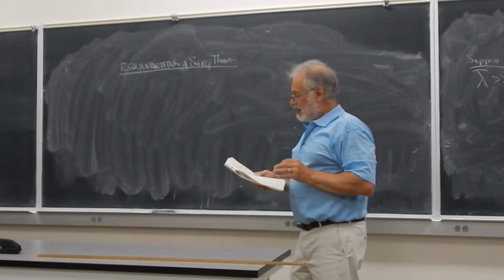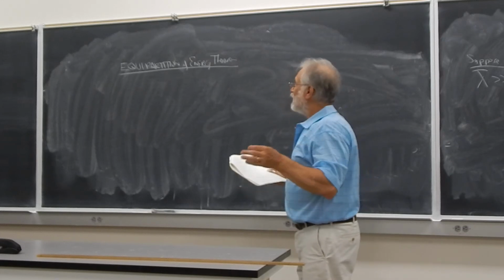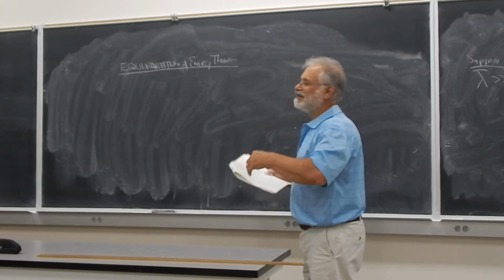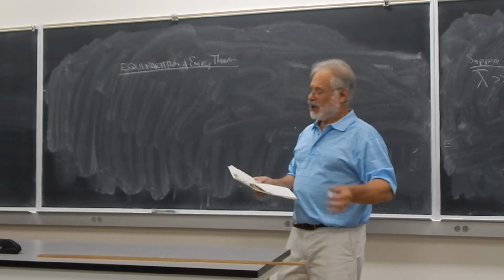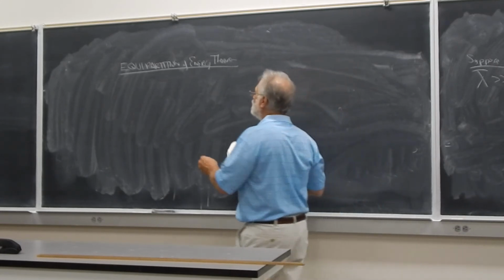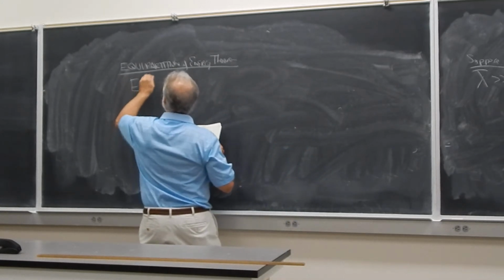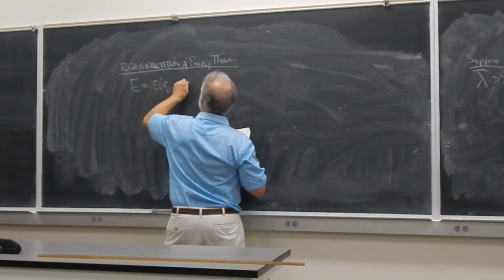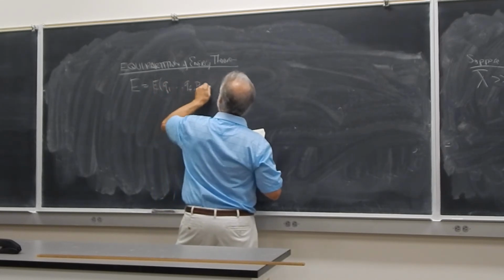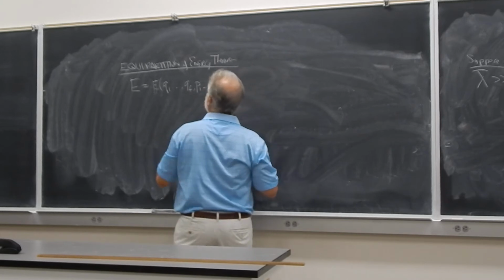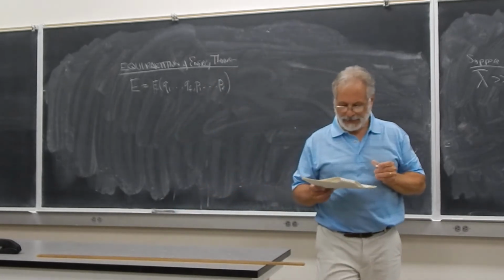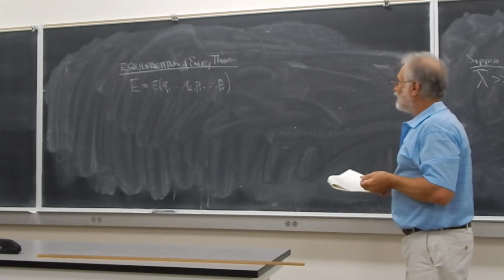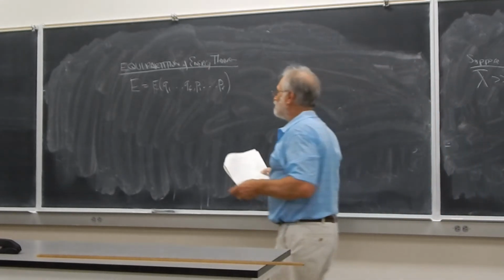Let's consider the energy as a function of some f generalized coordinates. We'll call them q1 through qf, and generalized momenta p1 through pf, just the same old drill. E is E of q1 through qf and p1 through pf. f is the number of degrees of freedom in the system. Let's suppose we can split the total energy additively into a form like this.